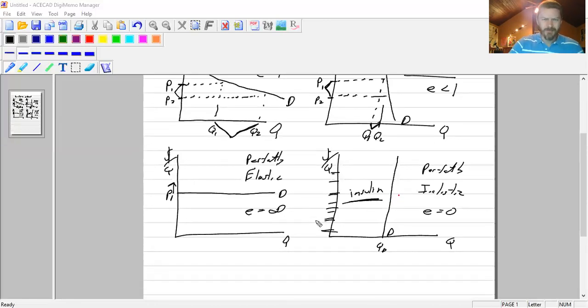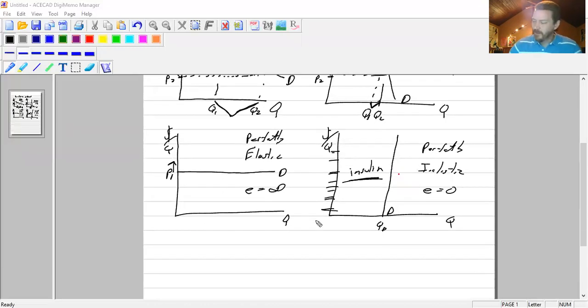I'm not going to bother to draw it, but just for completeness, we also have something called unit elasticity, and that's when the elasticity is equal to 1 exactly. That's not important.